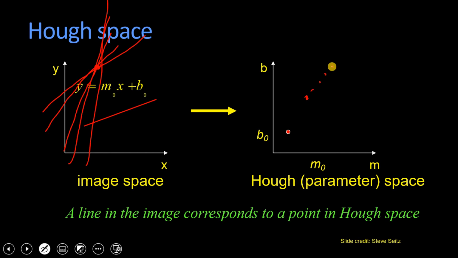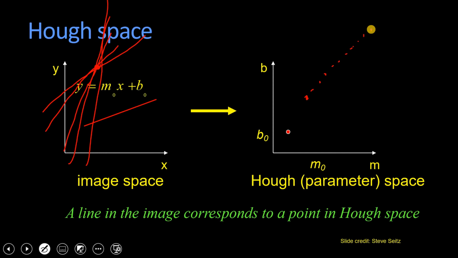But finally all the lines that are passing through one single dot, one interesting thing about those dots will be that if you plot them in the Hough or parameter space, they will occur on a straight line.